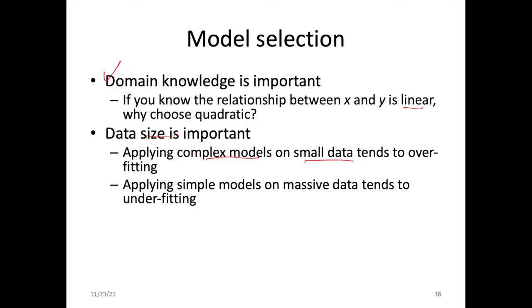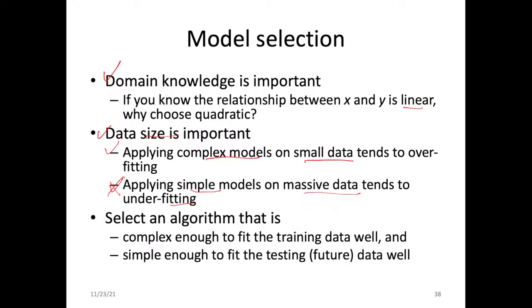On the other hand, if you apply a simple model on a massive data set, you will still underfit the training data. In this case, even if you collect more labeled data as training data, it won't help. So when is data size important? If you are overfitting, then collecting more data will be very helpful. If you are still underfitting, then collecting more data will not help your testing accuracy at all.